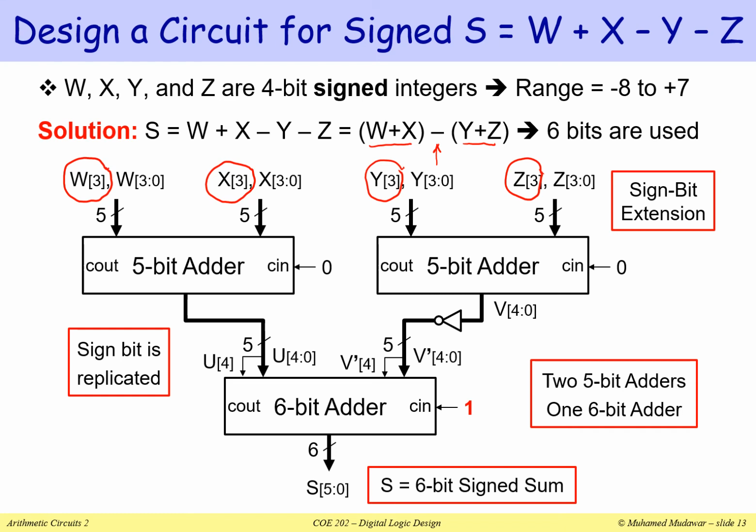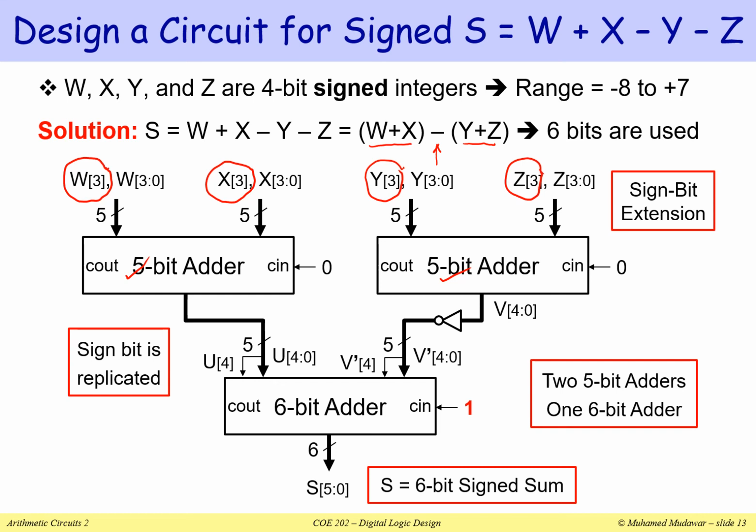This is sign extension. Bit 3 is the sign bit and it's replicated, so we are extending the numbers W, X, Y, Z from 4 bits to 5 bits. And I'm using 5-bit adders to calculate the intermediate sums.